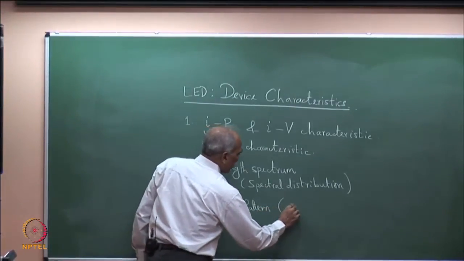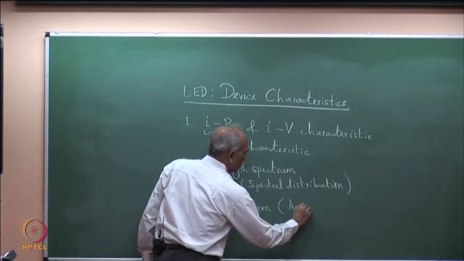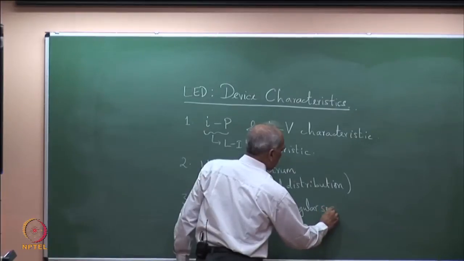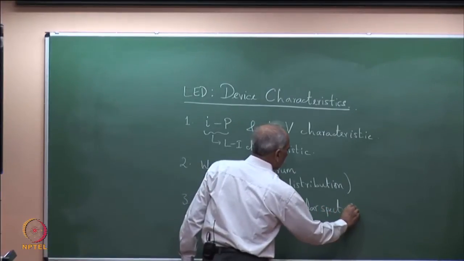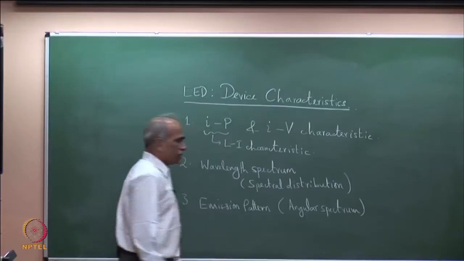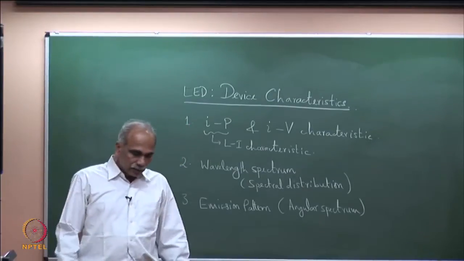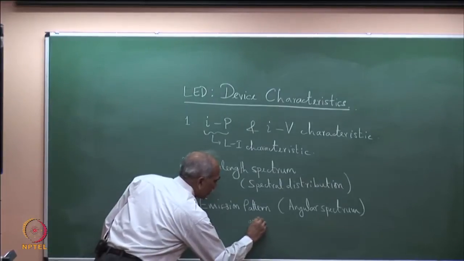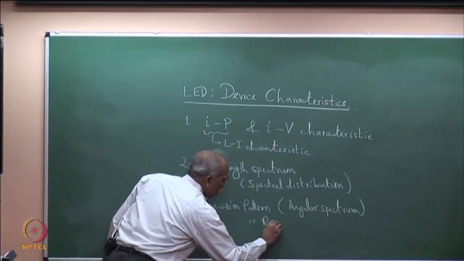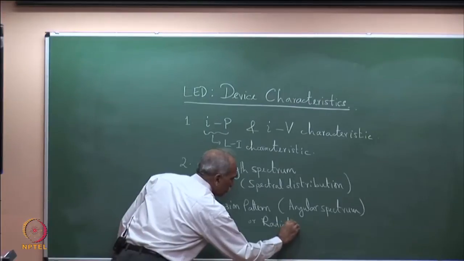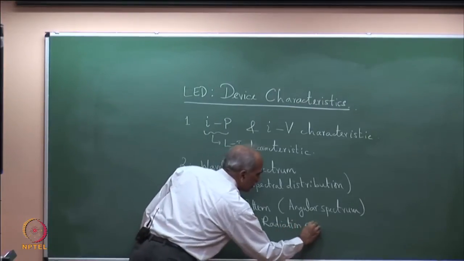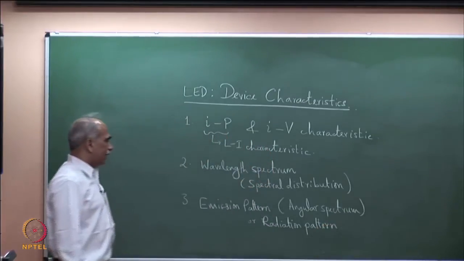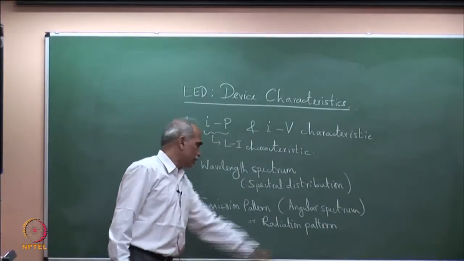It is also called angular distribution, angular spectrum, sometimes radiation pattern. Normally with antenna people use radiation pattern.